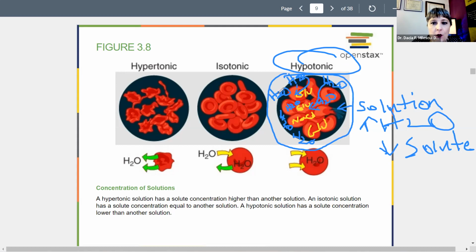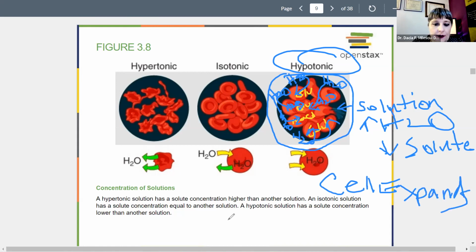In other words, water enters all of the cells and causes the cells to expand. Cell expands and can burst, and when it bursts, it's called cell lysis. Cell lysis.